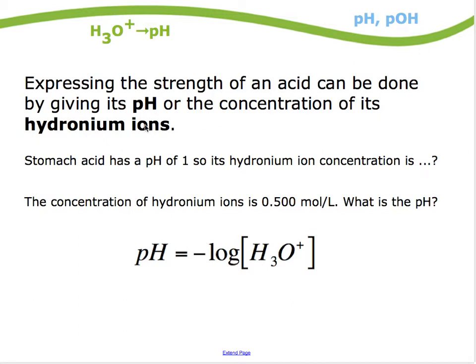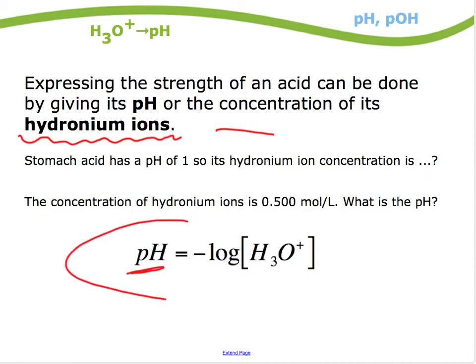We can indicate the concentration of something in terms of its hydronium ions, but then it's often nicer to be able to express that as a pH. So here's our formula that we can use to convert between hydronium ions and pH.